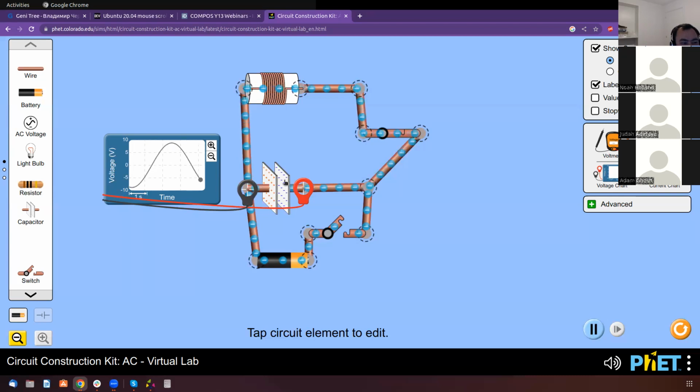So you can see the capacitor charges and discharges, charges the opposite way. So now it's plus minus, and now it's minus plus.